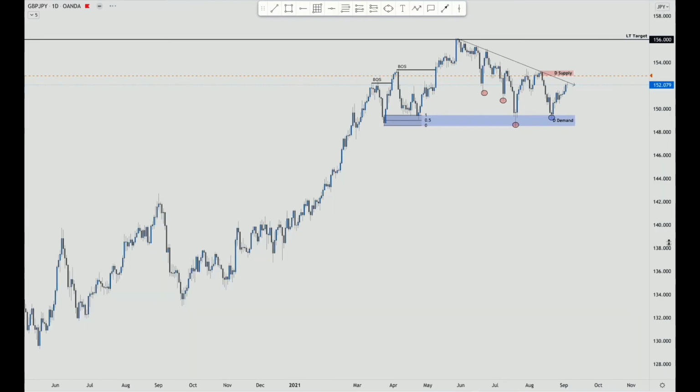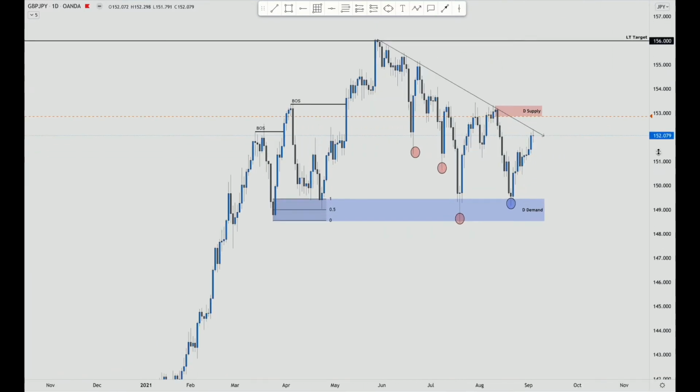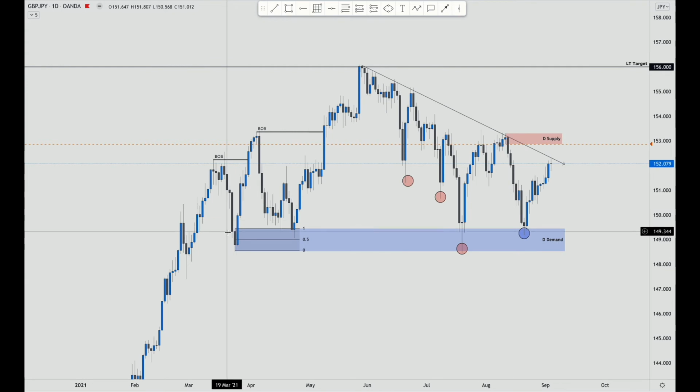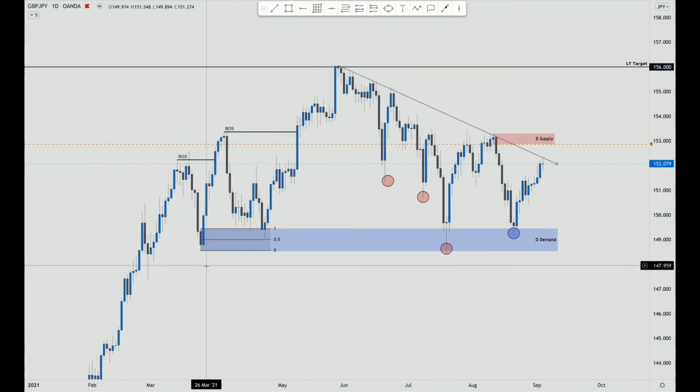I'd like to share with you what I am looking at. And what I've got my eyes on is the fact that we've now created here an order block, which is a daily demand zone. So remember, it's the last candle down before a strong move up.